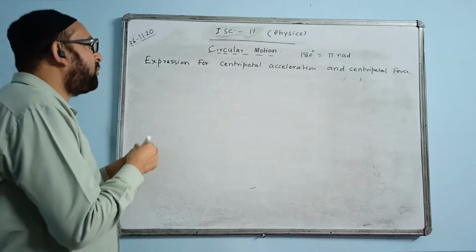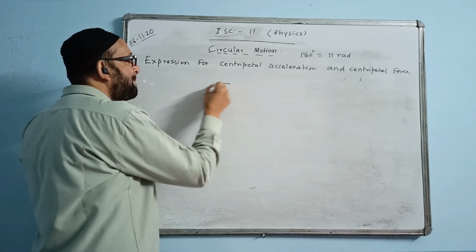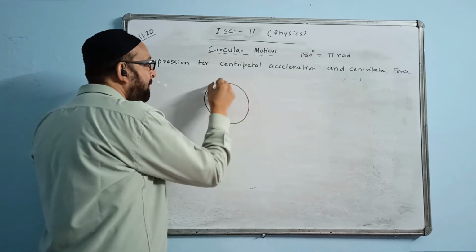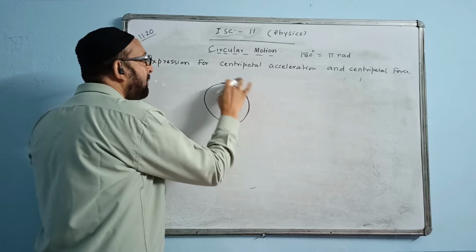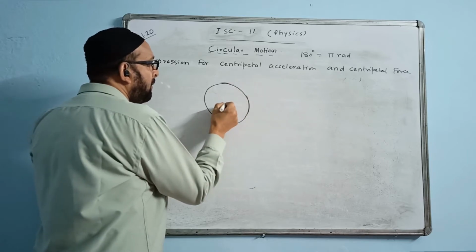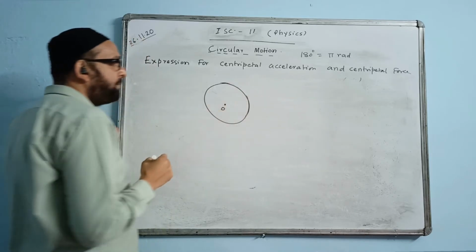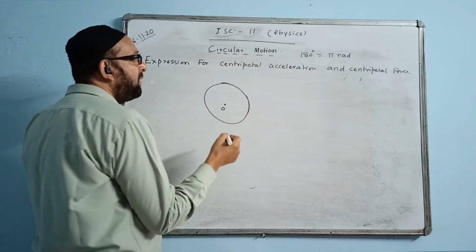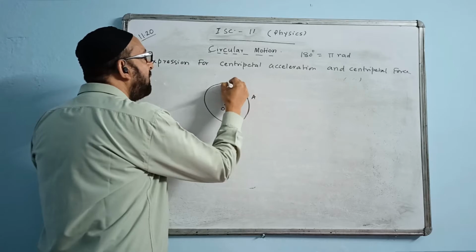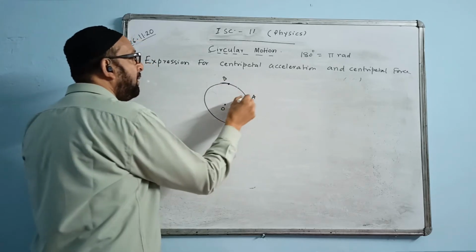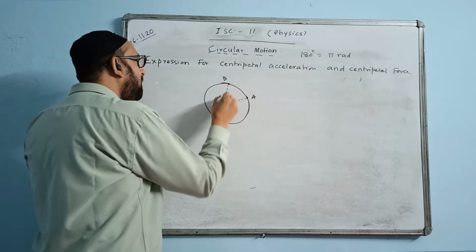So for this, we'll be drawing this diagram. Let us draw the circle here. The center is here. I'll take two points, any two points we can choose randomly. I'll choose one point A and another point B. I'll join them here.